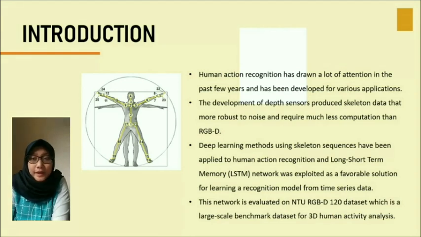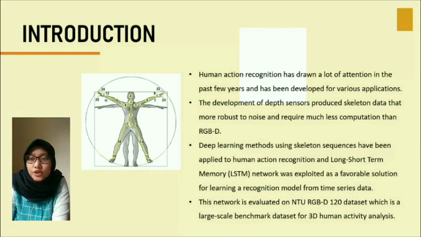Recently, deep learning methods using skeleton sequences have been applied to human action recognition and achieve good results. Furthermore, the long short-term memory, or LSTM, network was exploited as a favorable solution for learning human action recognition.